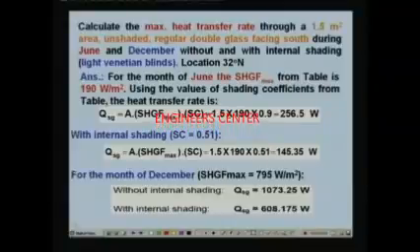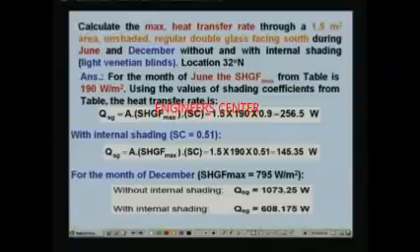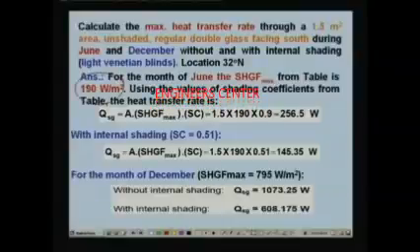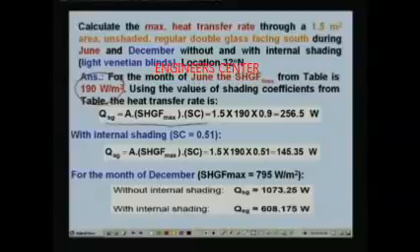So first let us do the calculation for June. For the month of June, the SHGF max from the table is 190 watt per meter square. This is the solar heat gain factor for the standard glass. Then using the values of shading coefficient from the table, the heat transfer rate is given by this expression: Q is A into SHGF max into shading coefficient.